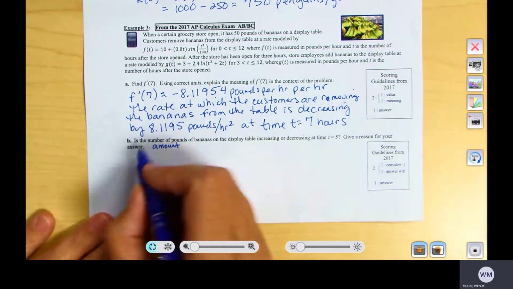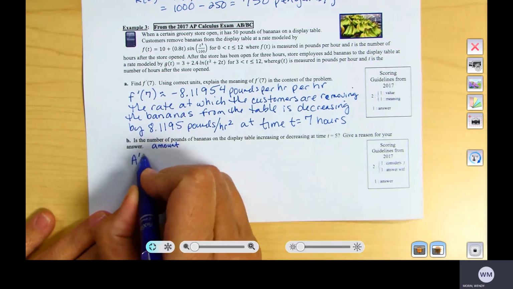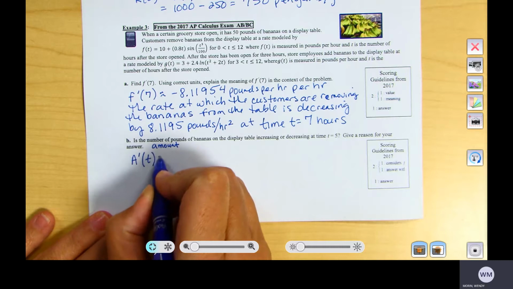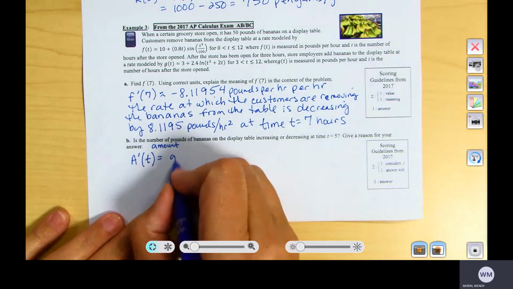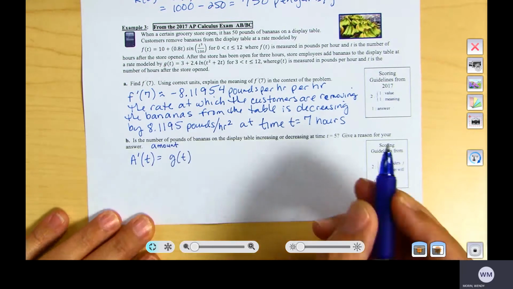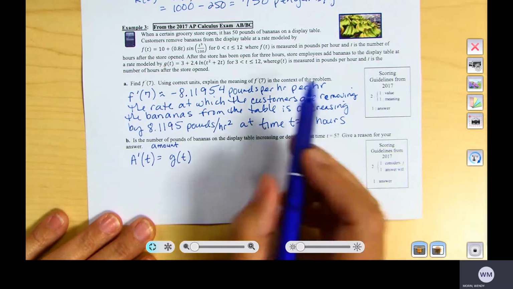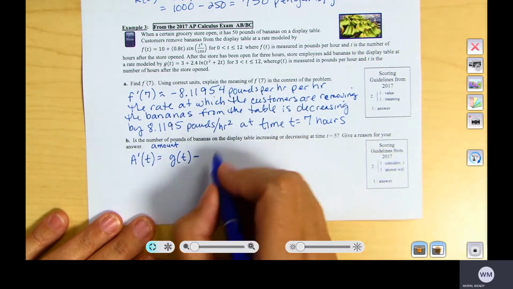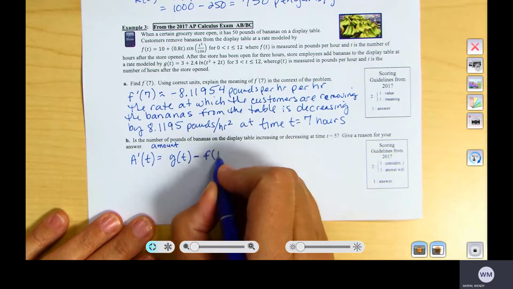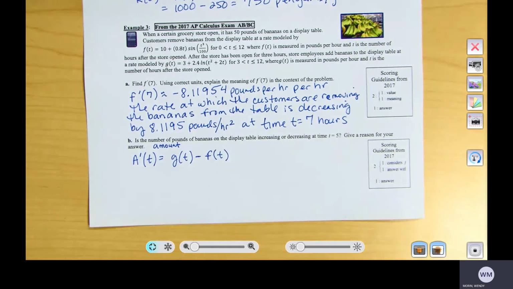So we're going to be looking at the derivative of the amount, which again is our rate on minus our rate off. So g of t is the rate that they put them on the display, and f is the rate at which you remove them.